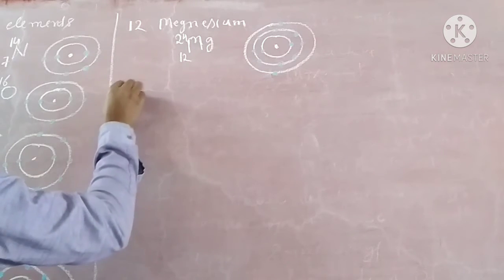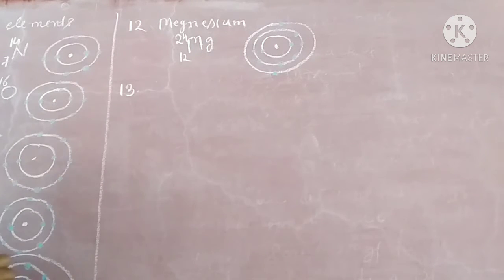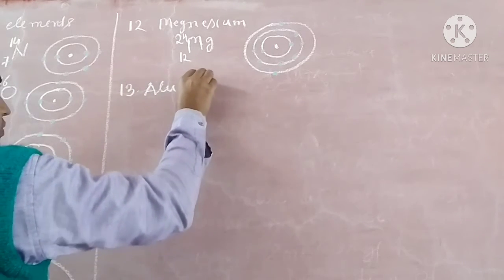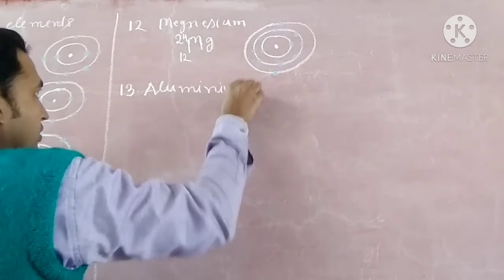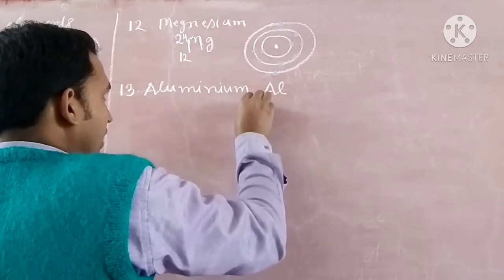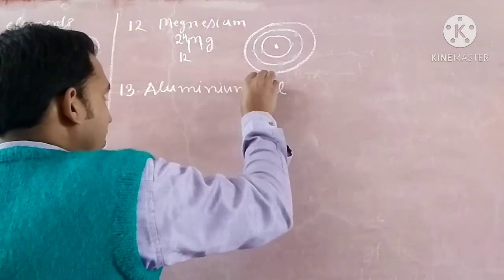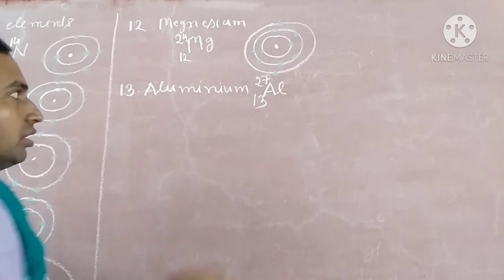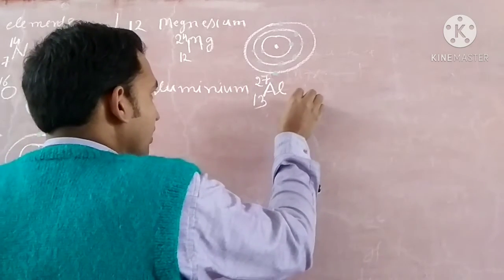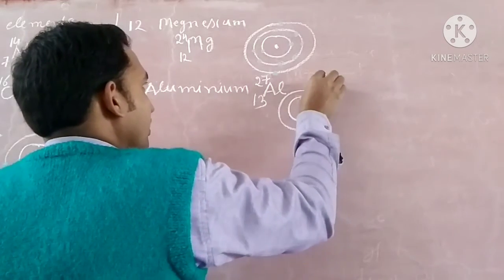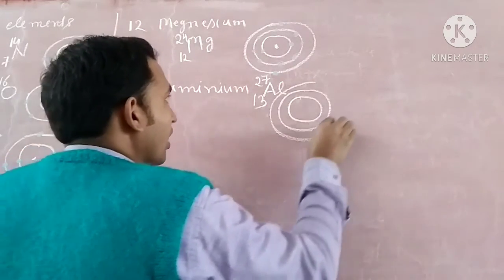13, aluminium. Which element? Aluminium. Its symbol is Al. Atomic number 30, mass number 27, and their schematic diagram is first cell, second cell, and third cell.